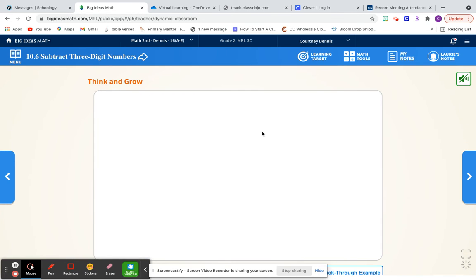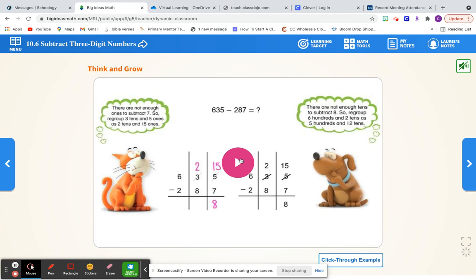Let's look at our Think and Grow. 635 minus 287 equals what number? Look at the ones. There are not enough ones to subtract 7. So, regroup 3 tens and 5 ones as 2 tens and 15 ones. 15 ones minus 7 ones equals 8 ones. Look at the tens.